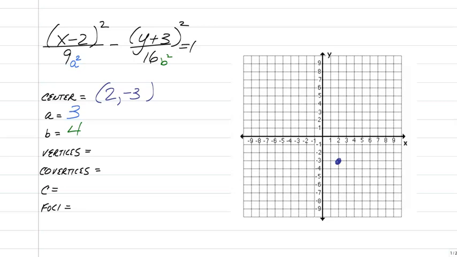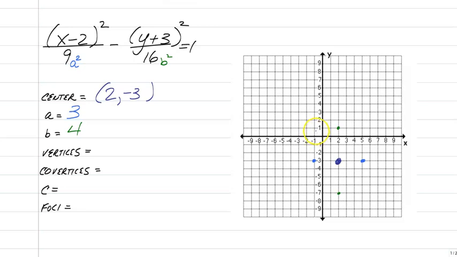So what we were graphing, just similar to an ellipse, a is in the x direction, so we're going to go 1, 2, 3 to the right, and 1, 2, 3 to the left. To find our b value, that is in our y direction, that is 1, 2, 3, 4 up, and 1, 2, 3, 4 down. Now, instead of drawing an ellipse, which is what you might be tempted to do, what we do is draw a rectangle.